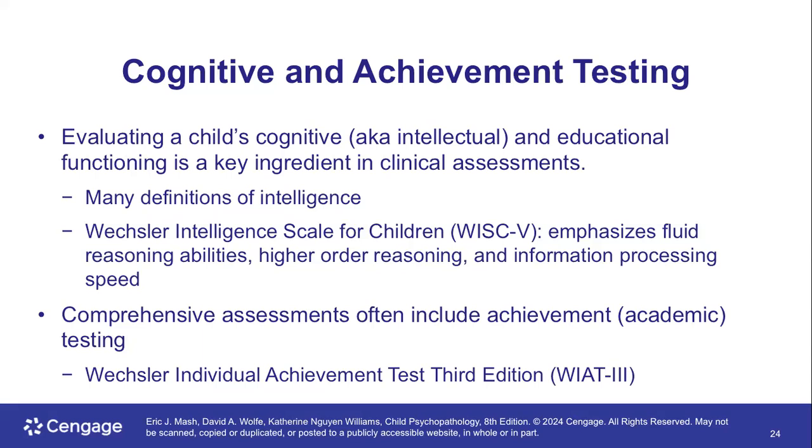But even if you have what's called a 1.5 standard deviation difference between IQ performance and achievement performance, you could talk about some form of a learning disorder or learning disability. So giving an IQ test and achievement test is important, and it allows us to detect pretty early whether there are some kind of learning difficulties or disorders.